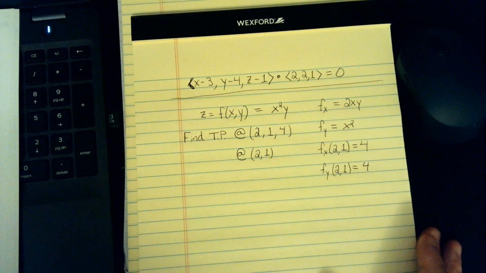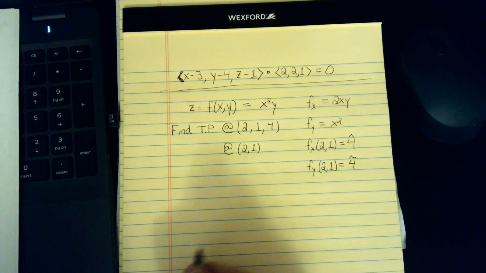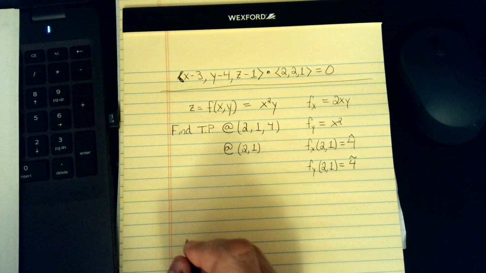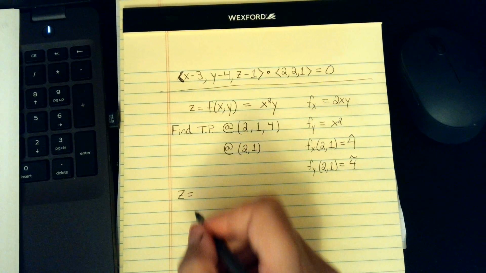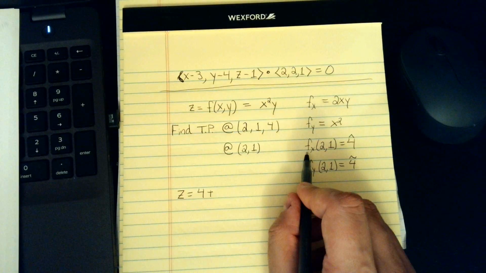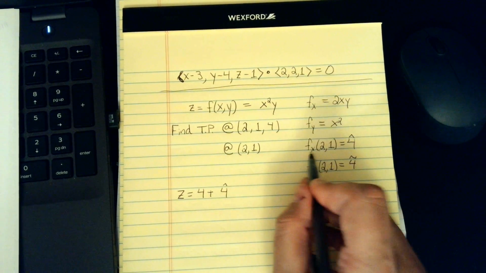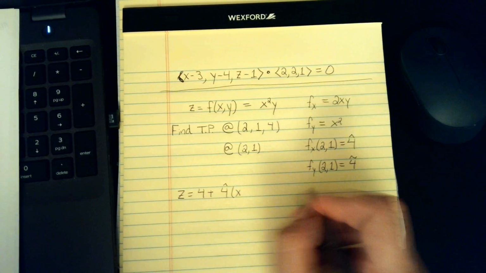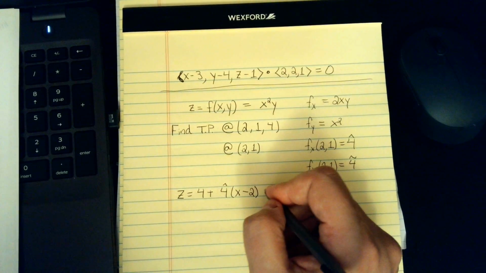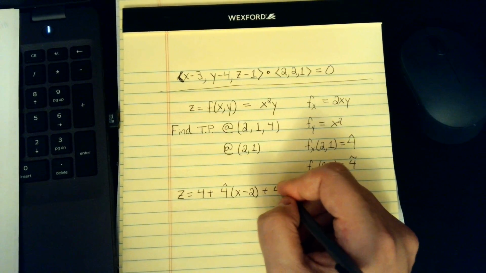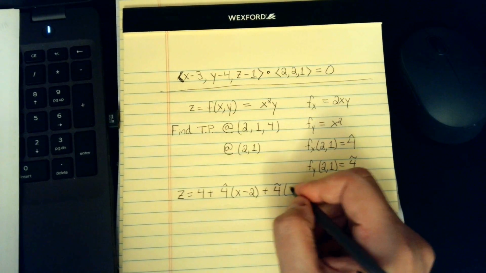Oh gosh, I have another one of these examples. Here's what I'll do though. I'll give this a hat and this a twiddle, and then you'll understand what I'm doing in a moment. So z is equal to 4 plus the rate of change in the x direction, and I put the hat to identify it as this one, times the change in x, x minus 2, plus my 4 twiddle, the 4 that I got from my y derivative, times y minus 1.